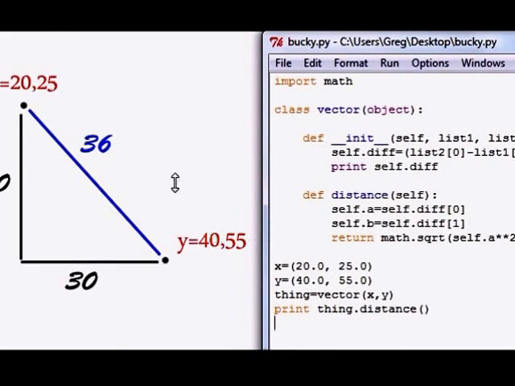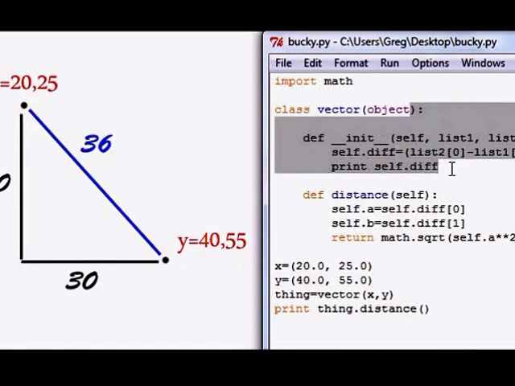So I'll review what we did so far. The first thing we did is we build a coordinate at x, and that's this. We built it at 20, 25. The next thing we did is make a point at y, which was at 40, 55. The next thing we did in this initialization function is create a vector, or find out what the difference was between x and y.